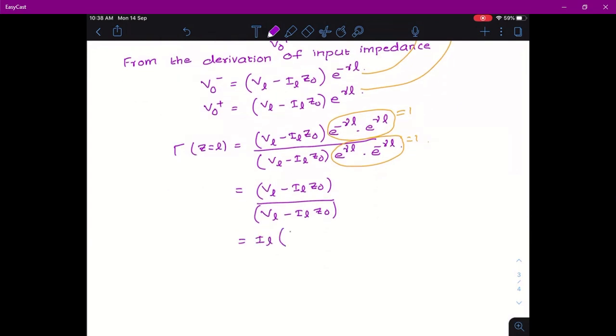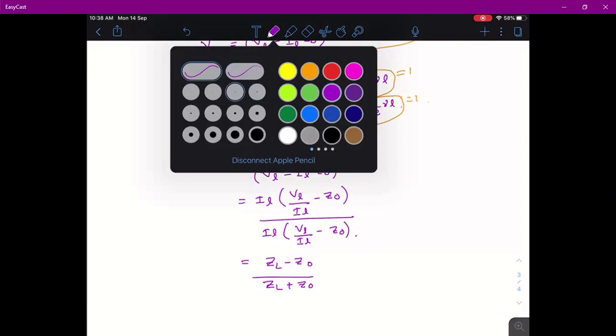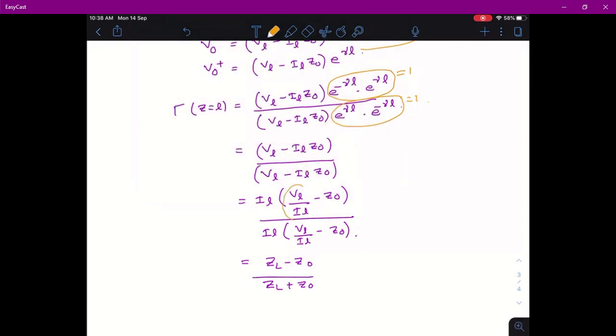So, IL into VL by IL minus Z0 by IL into VL by IL minus Z0. So, this is equal to ZL minus Z0 by ZL plus Z0, because VL by IL is the ratio of voltage and current at the load, which gives me the load impedance.